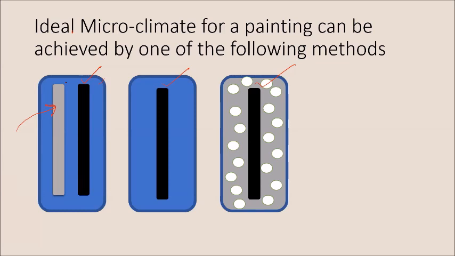Or we can just have a painting with no buffer material, but the frame or the box itself acts like a buffer. It is expanding and contracting with the changes in environment and preventing the painting from undergoing those changes. And the third is that we can introduce some inert gas, some buffering material in the form of a gas, in that box or the frame or the microenvironment of the painting.